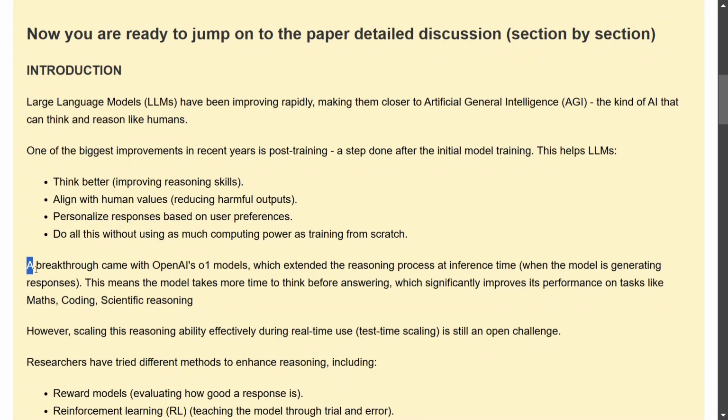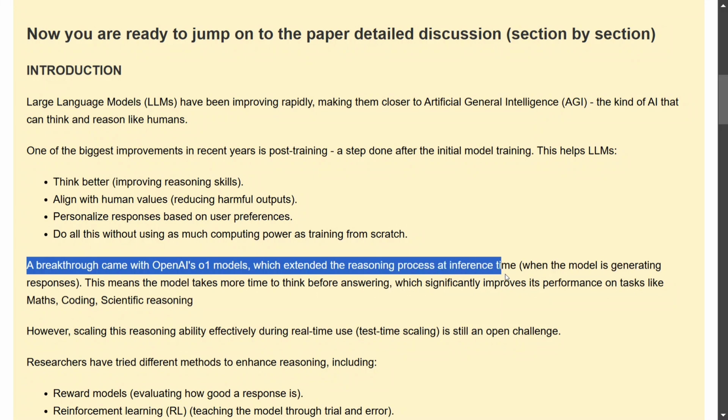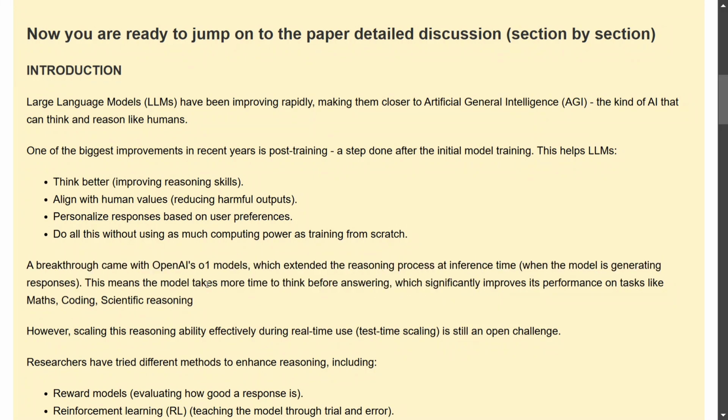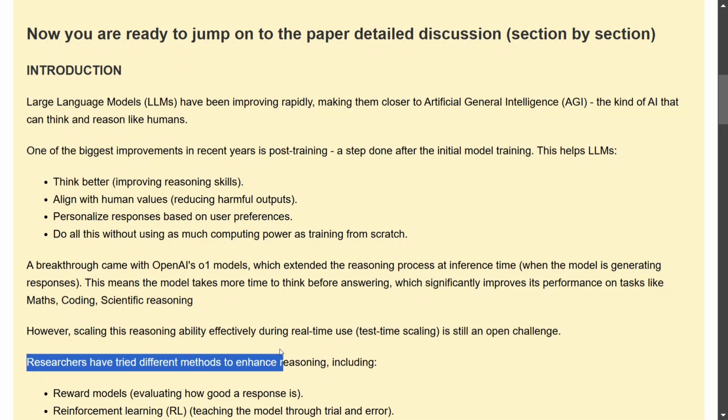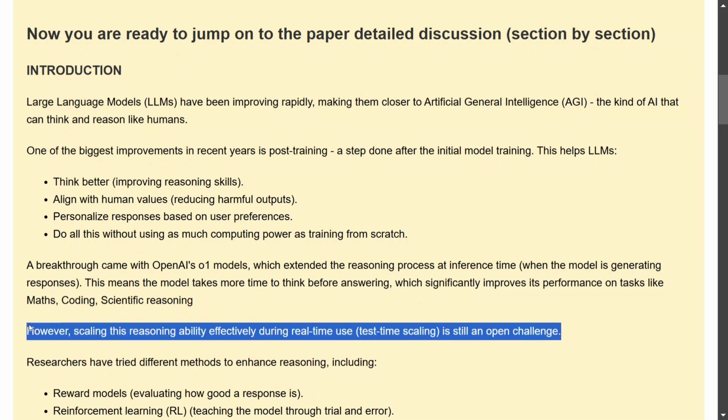A breakthrough came with OpenAI's O1 models, which extended the reasoning process at inference time when the model is generating responses. This means the model takes more time to think before answering, significantly improving its performance. We know that reasoning models came quite recently only. However, one issue that the team has faced is that scaling this reasoning ability effectively in real time is an open challenge.